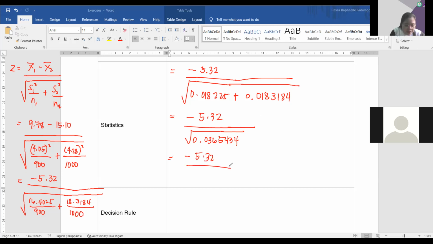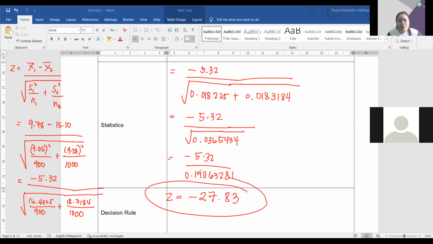Let's get the square root of this one. This is 0.191163281. And lastly, our z-score here is, wait lang, negative 27.83. Okay? So this one is our correct answer.